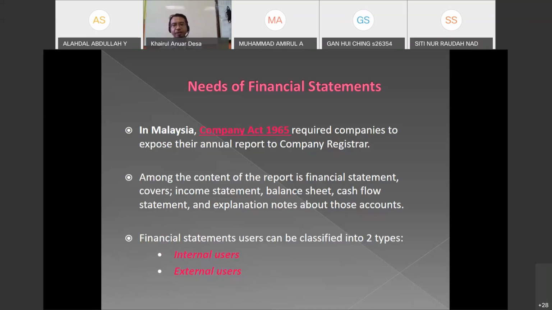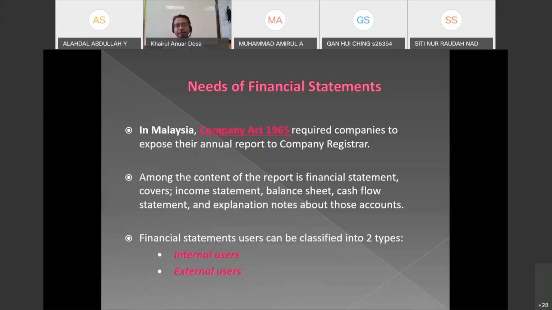So number one, as a company, they must report their financial standing, their financial performance, following the Company Act 1965.